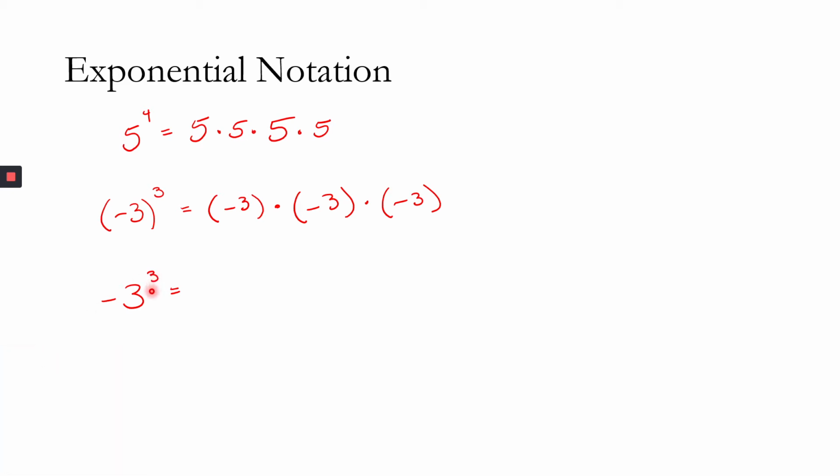So we need to focus on taking 3 to the third power first, and then once you simplify that, that whole thing gets the negative. In this case, the answers are the same, but depending on what your exponent is, the answers could be different.